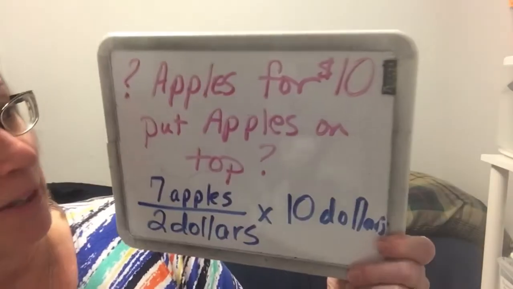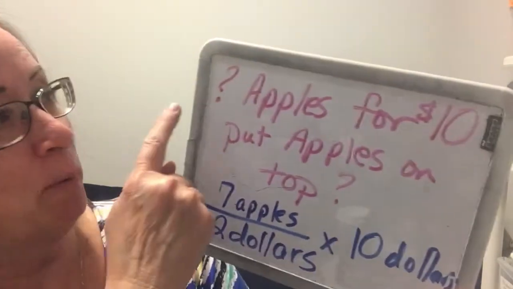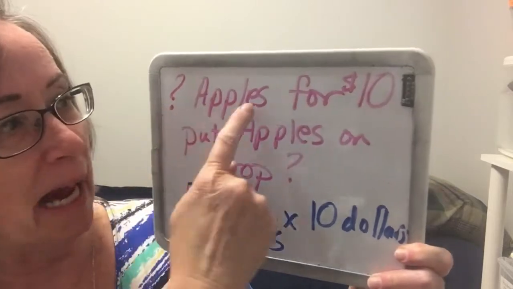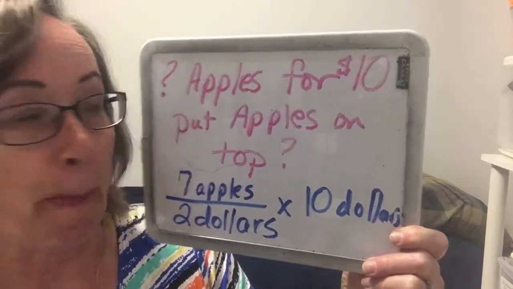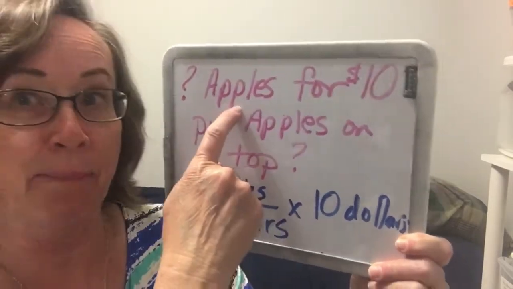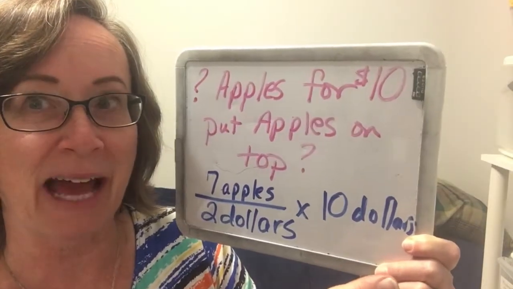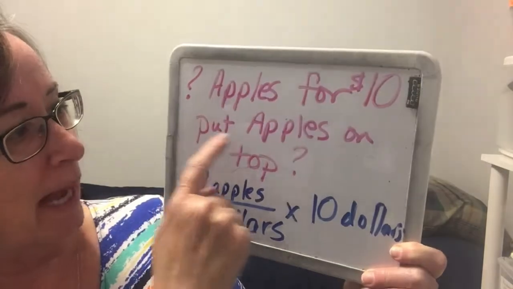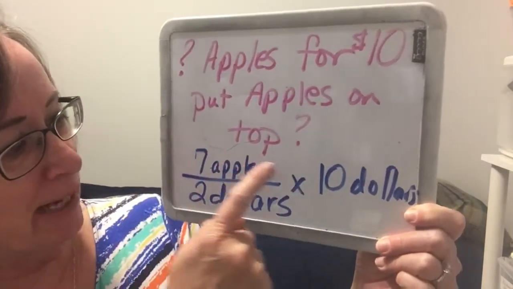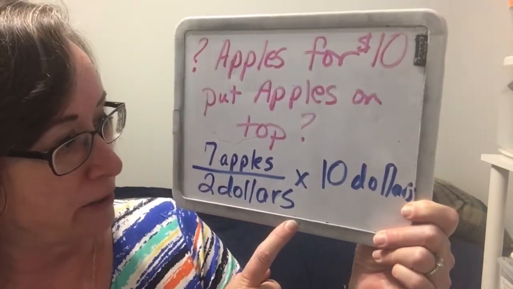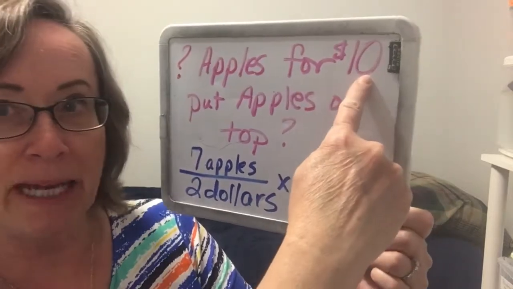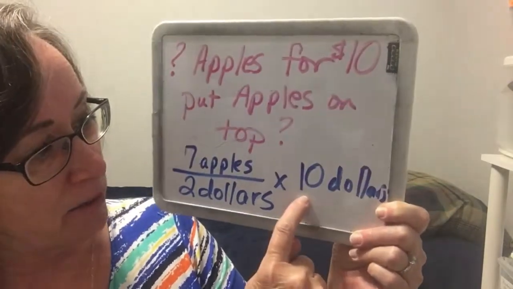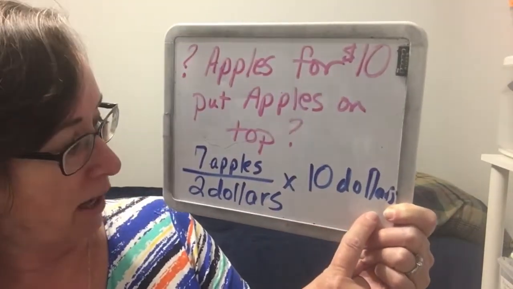Here he is. Okay, so here we say we want to know apples. How many apples for $10? Well, if we want apples out of the problem, we're going to have apples on the top of the ratio. So put apples on the top: 7 apples for $2. And then we're looking for how many apples we can get for $10, so we multiply by $10.